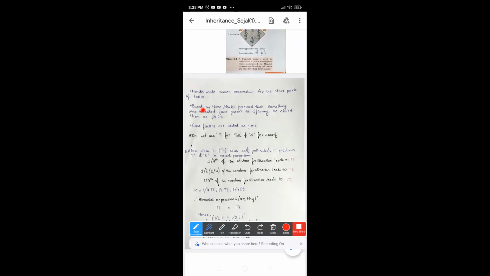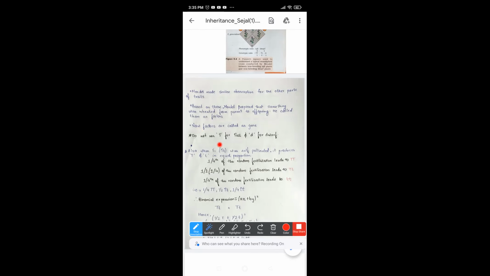Based on these, Mendel proposed that something was inherited from parent to offspring, that something is passed on from parents to offspring. But what is that? He did not know, so he named that something factors. Now we know that factors are basically genes. That is, genes are passed from parents to offspring.